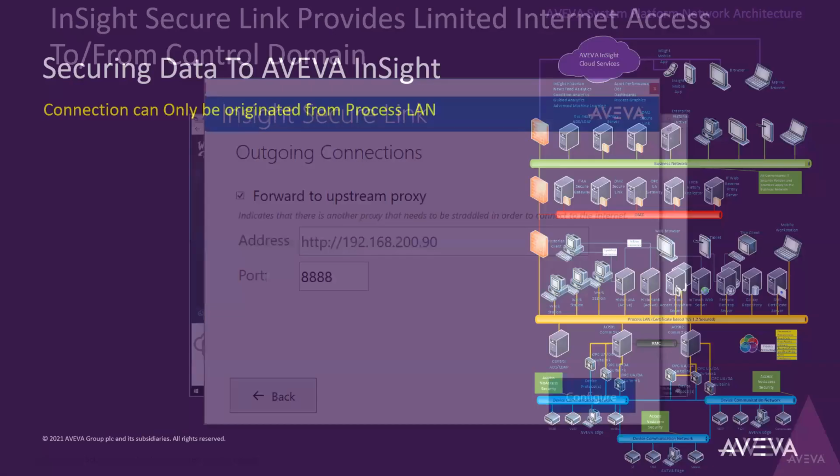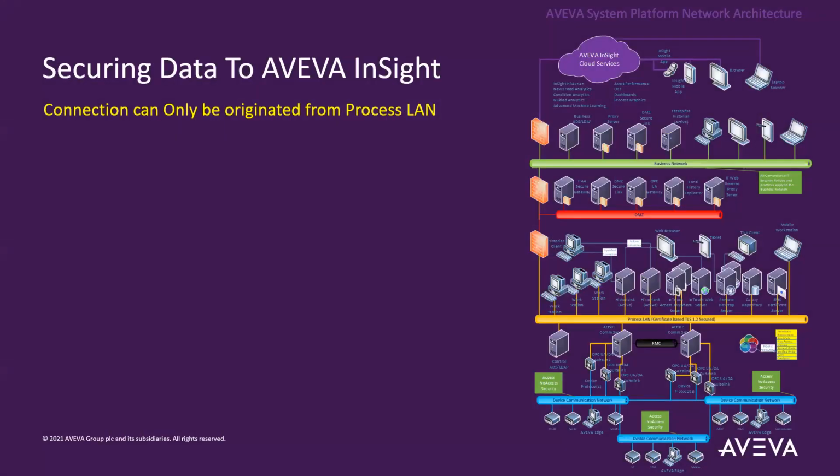And so graphically to show this, to reiterate, we want to get data into our Insight cloud, and we want to do it in a fashion that leaves us with absolute protection from intrusion back down into our OT environment. So we have a device that reads, in this case, a pressure.